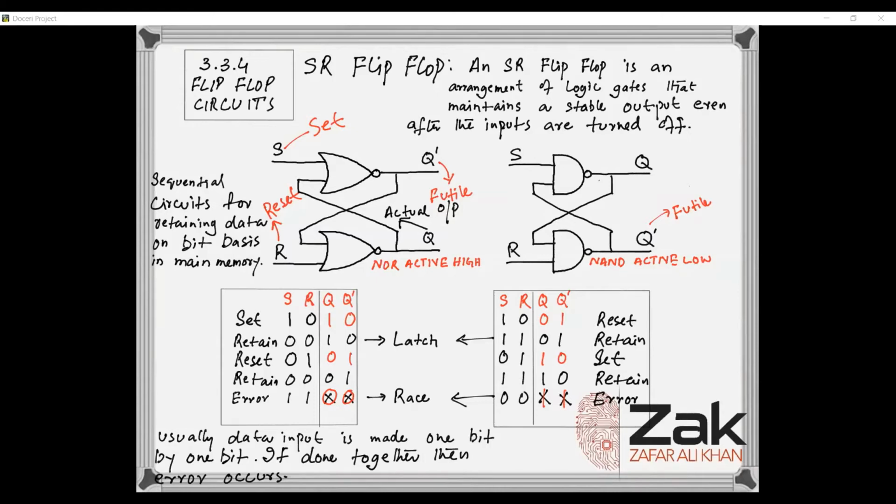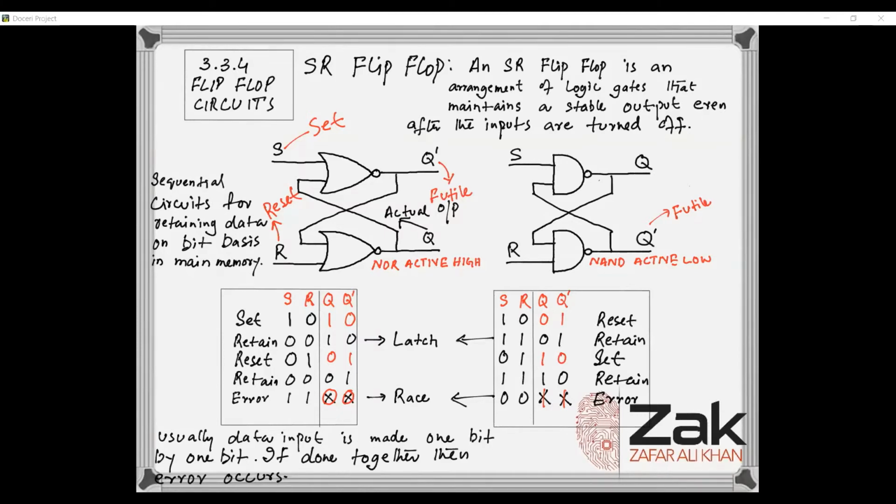Now a few operations start when the pulse is high, and a few operations start when the pulse is low. So if you want to set, retain, reset, retain, how and when would that happen? When the system clock is high, the NOR gate activates.